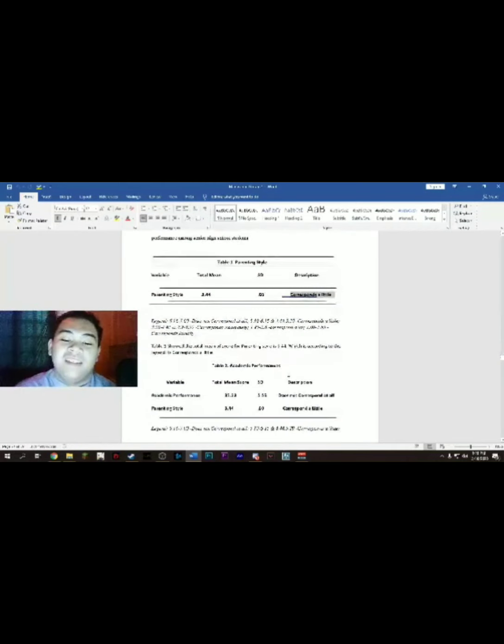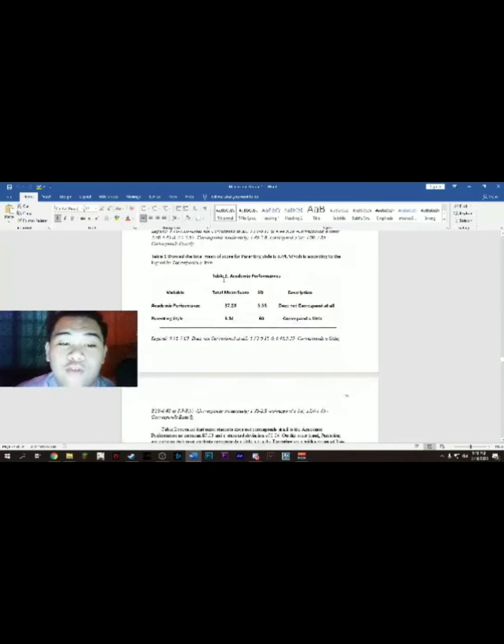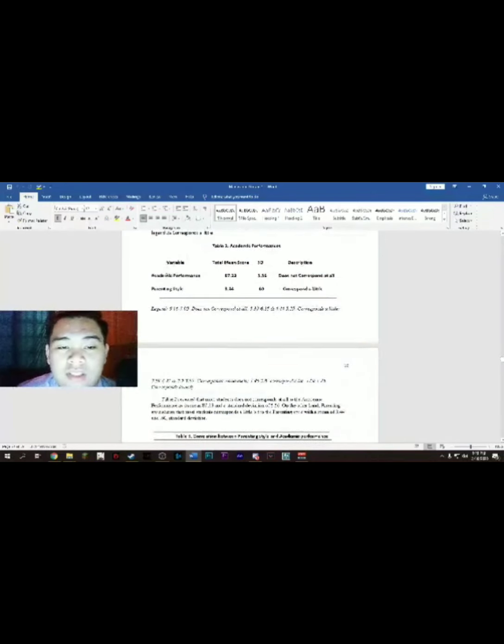And now Table 2. As you can see, academic performance has a total mean score of 87.23 and standard deviation of 5.56, and does not correspond at all.